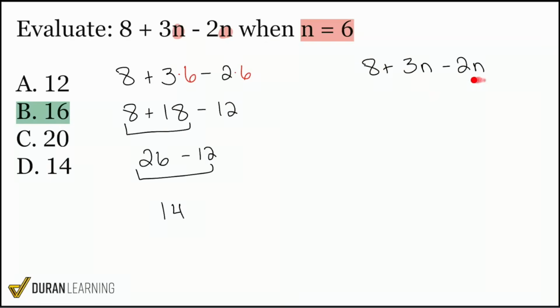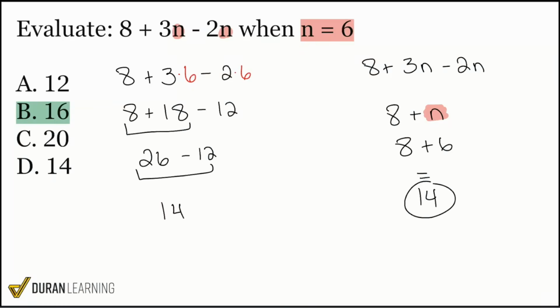So when I combine like terms here, that should be a term that's familiar to you, right? Combining like terms, 3n minus 2n, that's going to give us 1n, which is just going to be the same thing as writing n. Now, everybody, look at what happens. When I replace n with 6, look at how much simpler this problem becomes. 8 plus 6 equals 14, and we're all done.